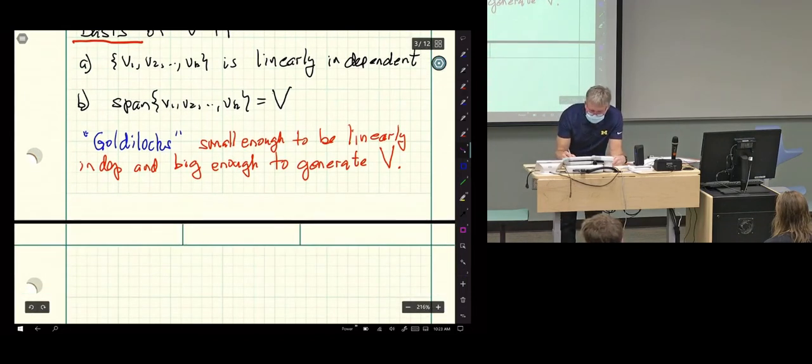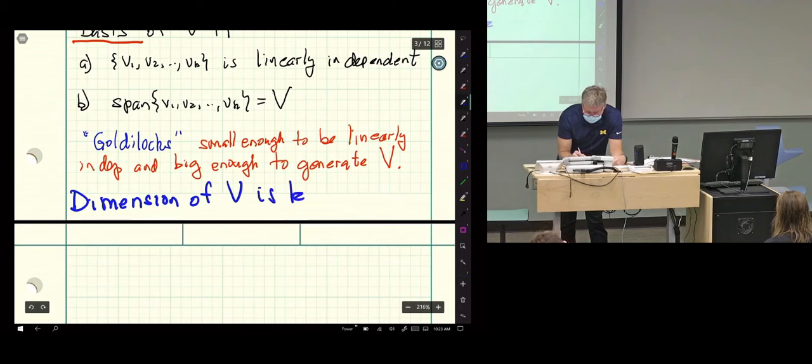Okay, and then I need to define dimension. The dimension of V is k, the number of elements in a basis.